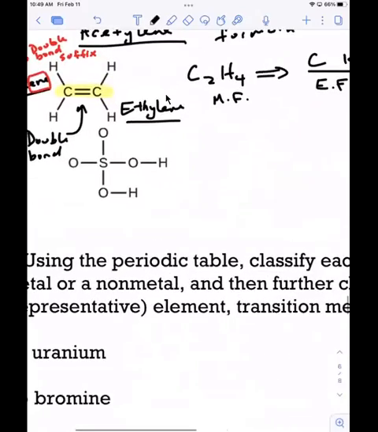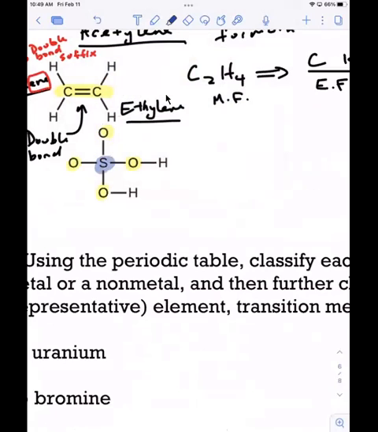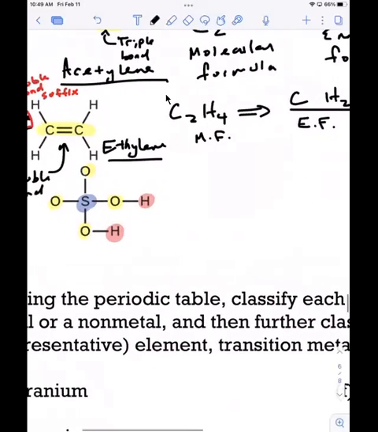All right. So now let's take this. We got 4 oxygens. We got a sulfur. This is a good one too. And we got 2 hydrogens. Normally, the way this is written, and I'm saying that because I know exactly what the compound is, we're going to lead with the hydrogens.